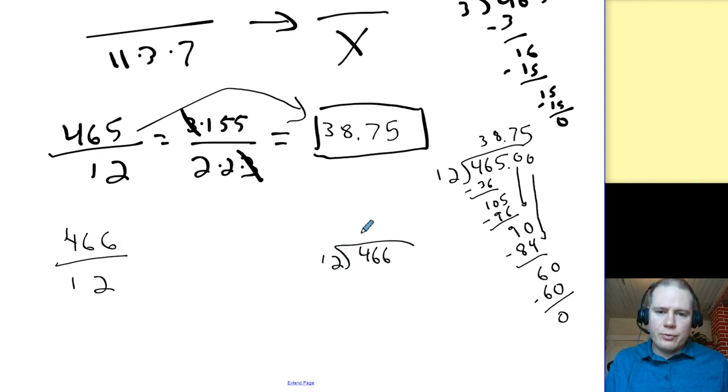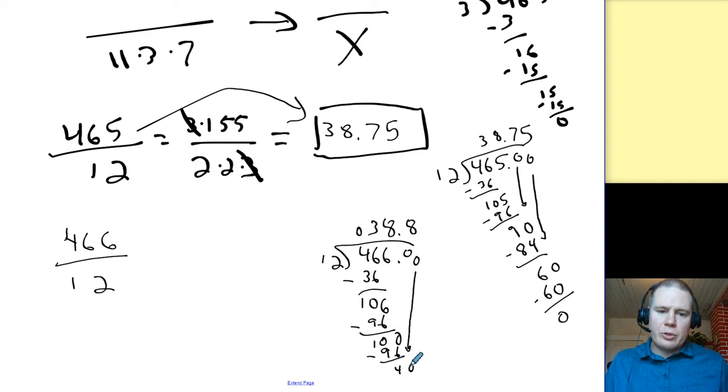12 goes into 46 3 times. Bring down a 6 now instead of a 5. So 12 times 8 is 96. Now remainder 10 instead of remainder 9. Put my decimal point in, bring down a 0. Now I'm not doing 12 into 90, I'm doing 12 into 100, so that's 8 again. Bring down another 0. 12 goes into 40 3 times.